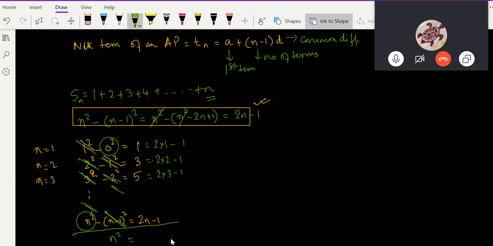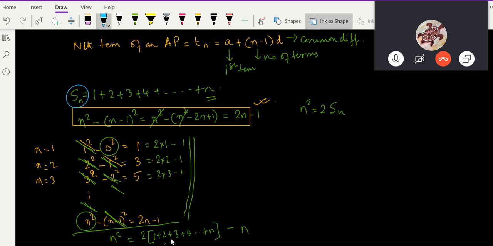Okay. So therefore I can write this as, taking 2 common, 1 plus 2 plus 3 plus 4 up to n, minus how many ones do I get? N. N, right? So therefore I can write this as n square is equal to twice the sum of n terms, which I was trying to find out. Sum of n terms of the first n natural numbers, right?